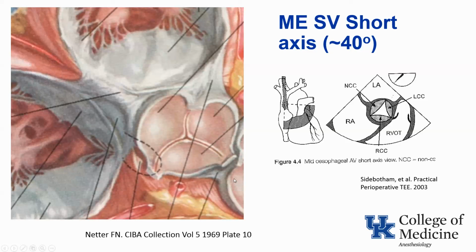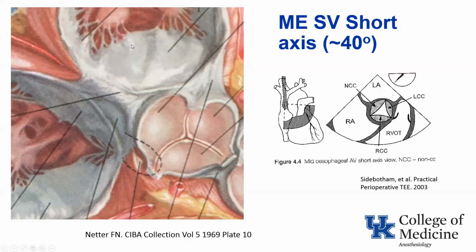This shows the view that we typically see of the aortic valve in the short axis. We don't normally see the mitral or tricuspid valve, since they are located at a different level than the aortic valve.